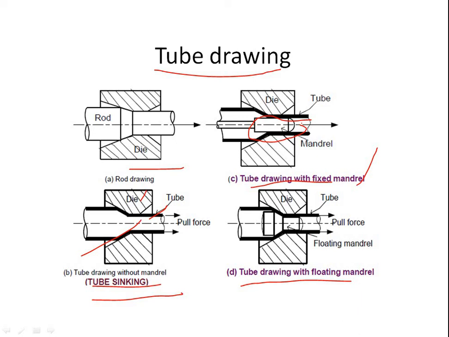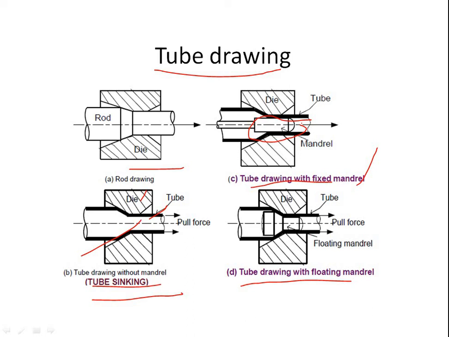The mandrel is held in position at the die land using a tie rod. In turn, the tie rod is connected to a fixed rigid support at the opposite end of the draw bench.